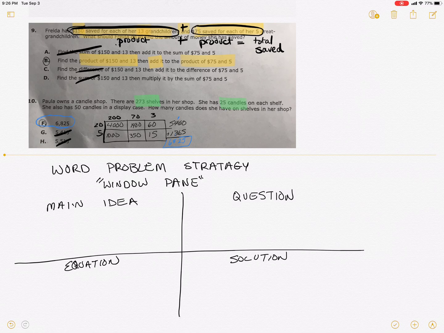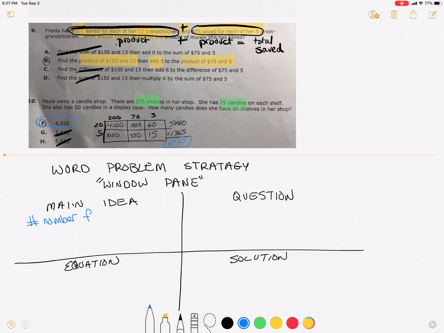So, in this case, the main idea is number facts relevant to the question. Look for distracting info.